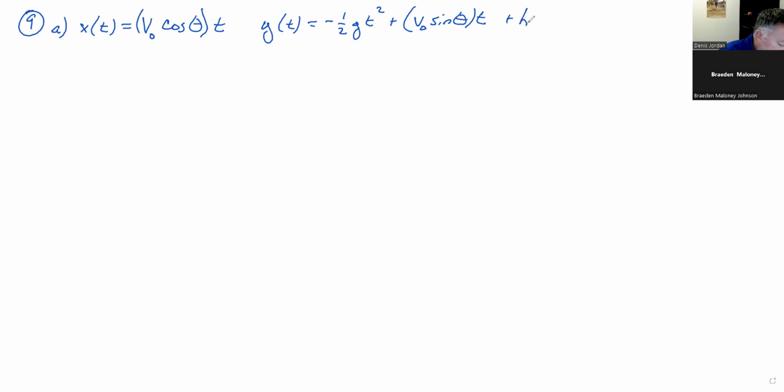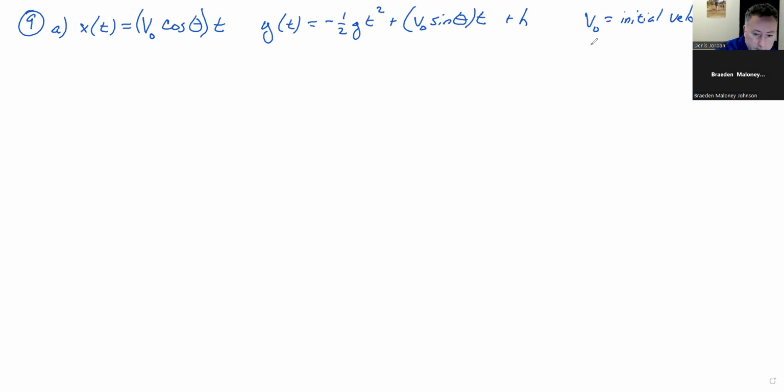Okay. So that v sub 0, do you remember what that was? No. So that's your initial velocity. And they'll have to tell you what that is, otherwise you don't know.